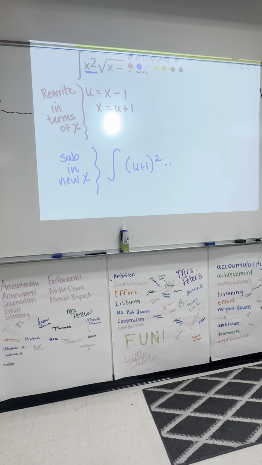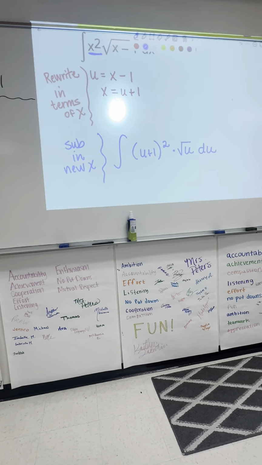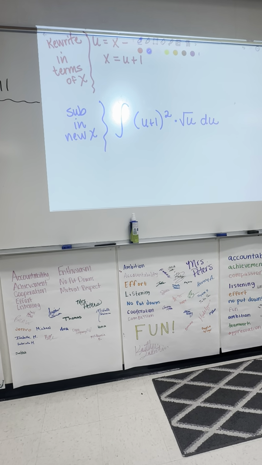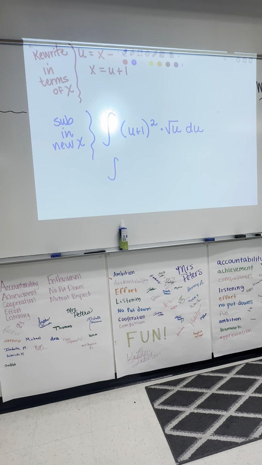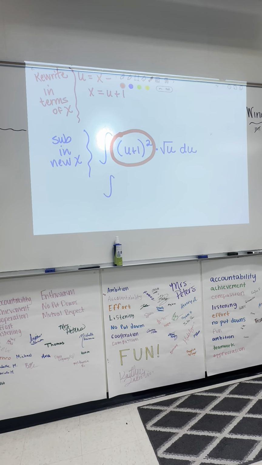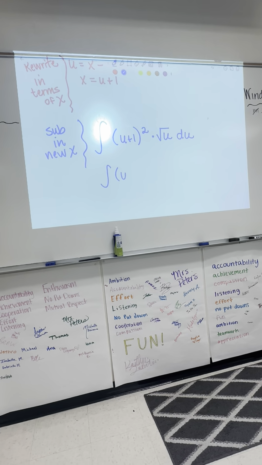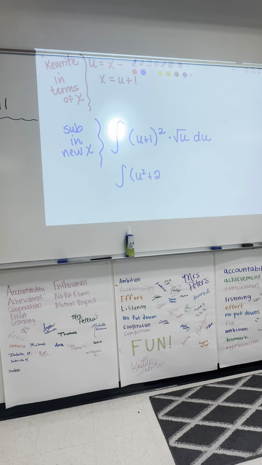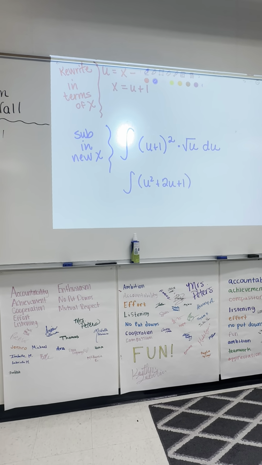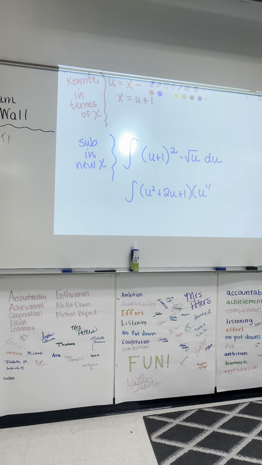Yeah. Okay? And I'm gonna clean that up a little bit. What do we do when we see binomials that are squared? FOIL. Okay? So I have u squared plus 2u plus 1 being multiplied times u to the 1/2, right?